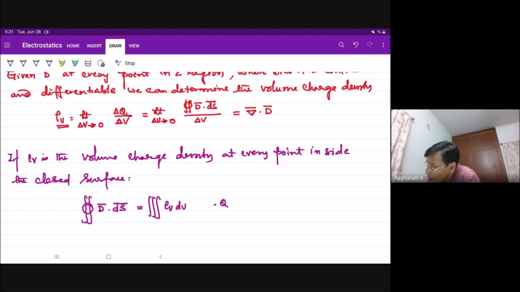This is actually Q present inside the closed volume. Here, please remember, there is no Q in mathematics.